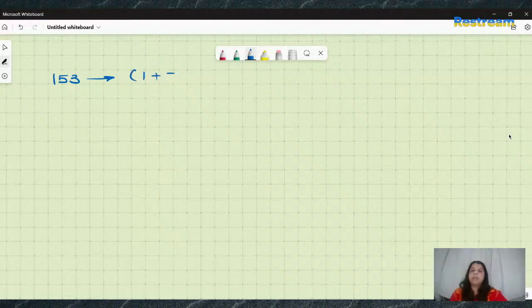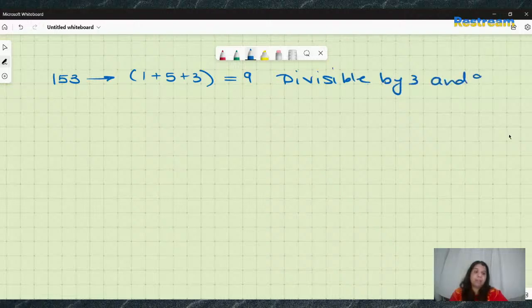It's 1 plus 5 plus 3, which is equal to 9. So it is divisible by 3 and 9. Why? Because it satisfies both the rules. It is divisible by 3 because the sum of the digits is 9, and 9 is divisible by 3. So it is divisible by 9.